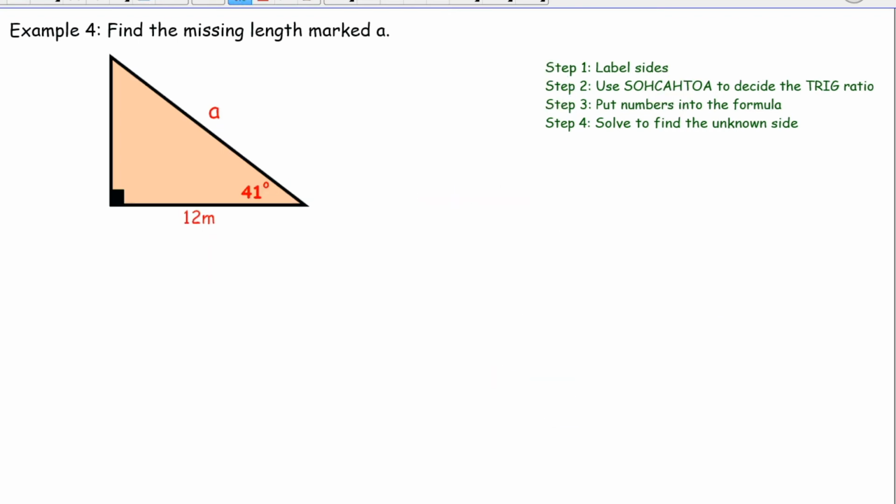Fourth example, let's start by labeling the sides. Again, same thing. This is our angle. That's the adjacent. That's the hypotenuse. So adjacent and hypotenuse, we use cosine.